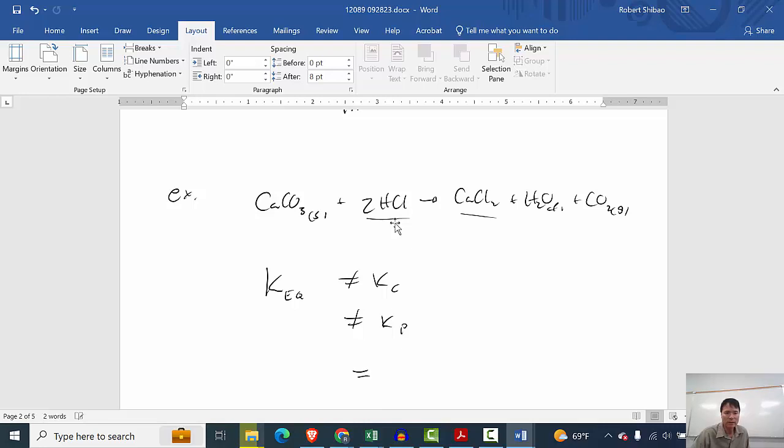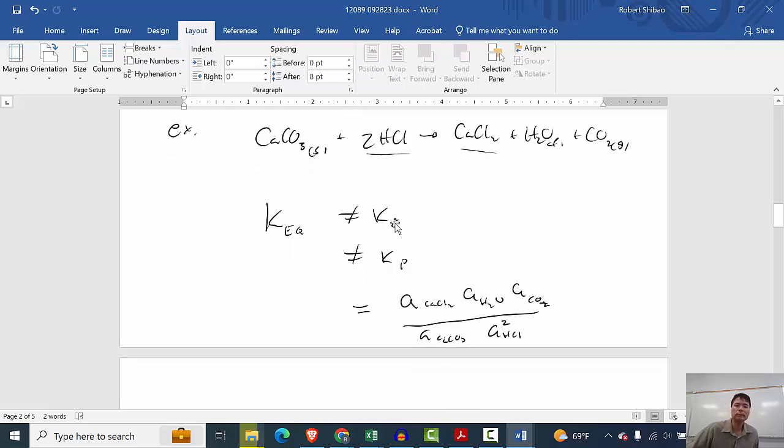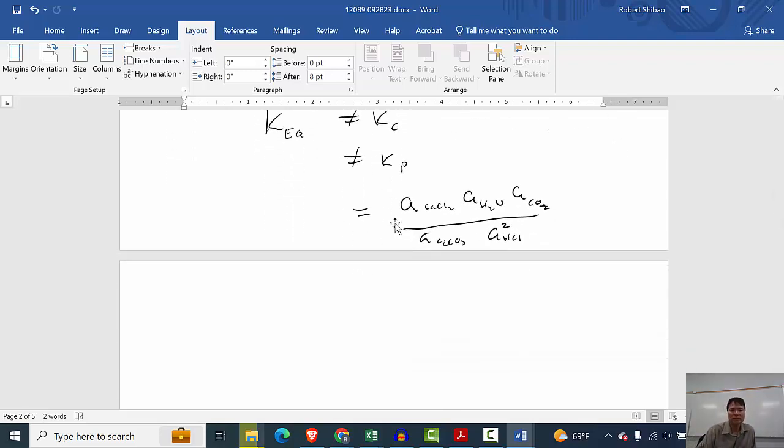And so what Keq is equal to is the activity of calcium chloride times the activity of water times the activity of CO2, divided by the activity of calcium carbonate and divided by the activity of HCl squared. Then we know that the activity of a solution is just approximately its molar concentration. The activity of water, which is a pure liquid, is 1. That is, its concentration doesn't change. It's still 100% water.